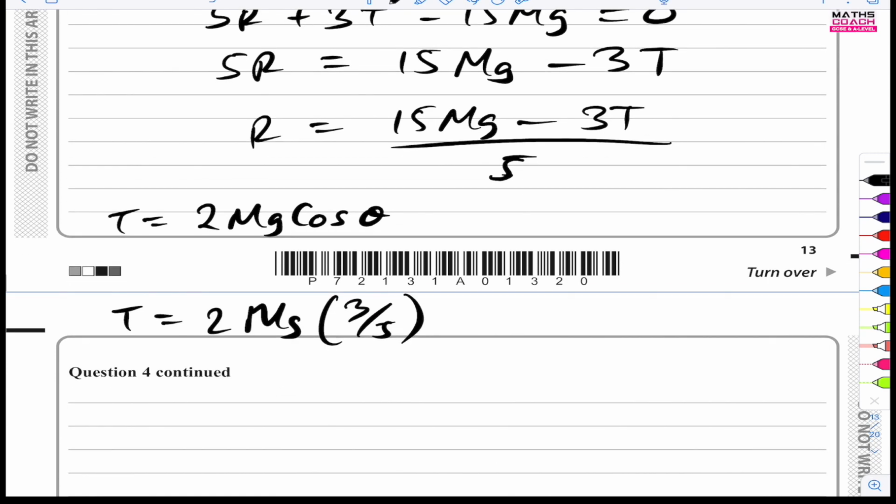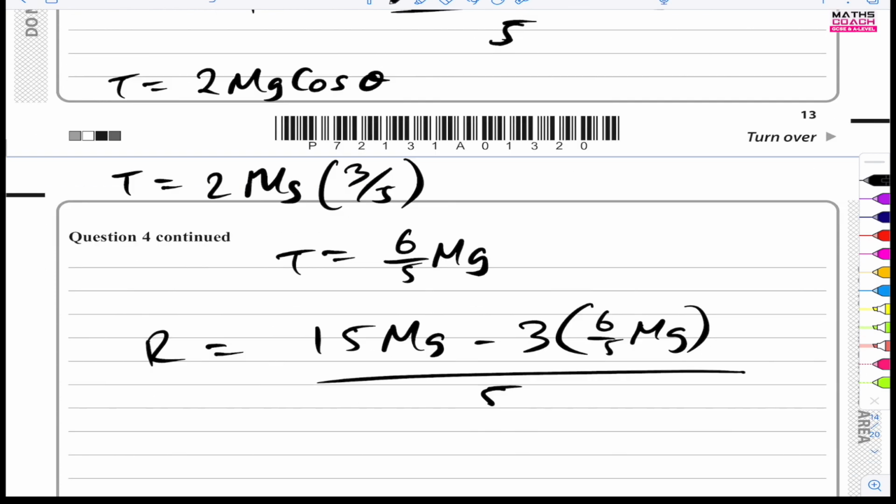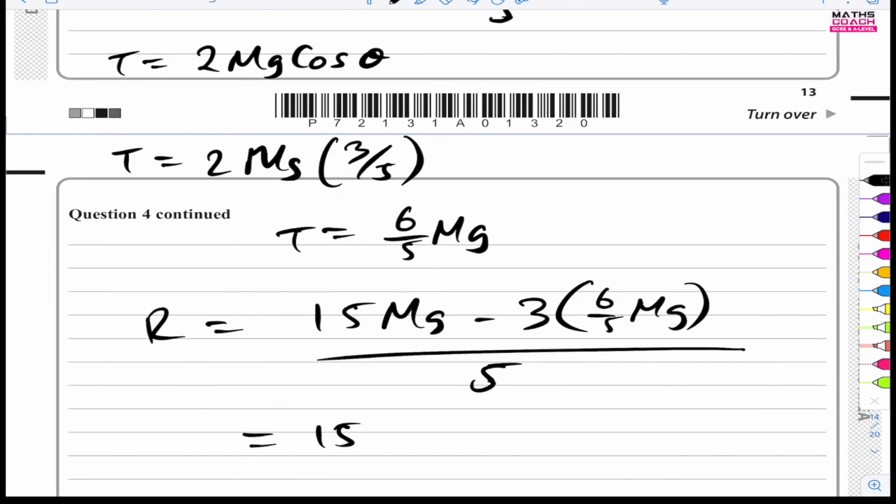So that's going to be T is equal to 6 over 5 mg. So therefore, R is going to be equal to 15mg minus 3 times 6 over 5 mg, all over 5. And that gives us 15mg minus, what's that, 18 over 5.